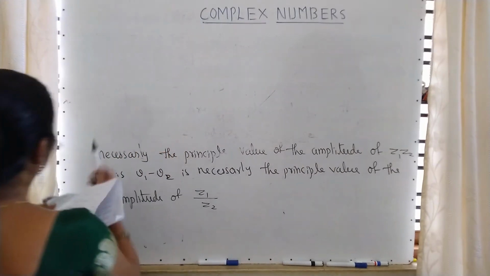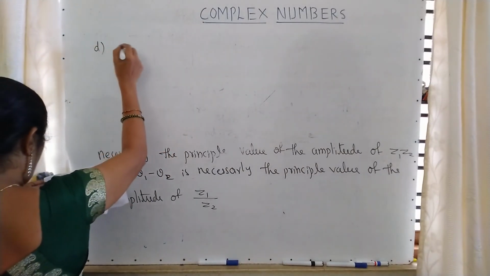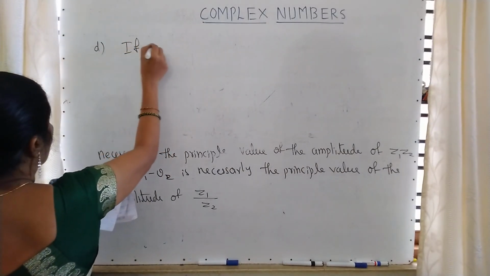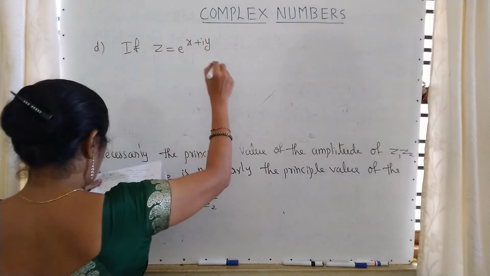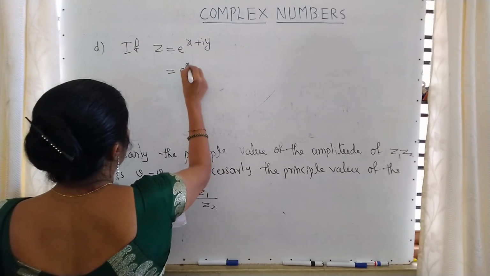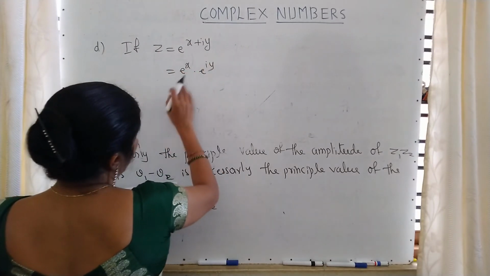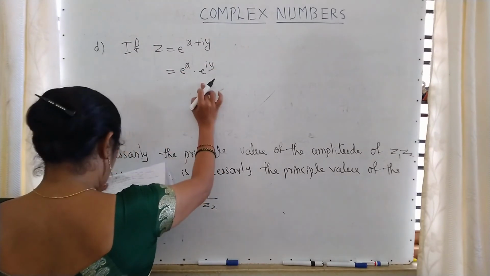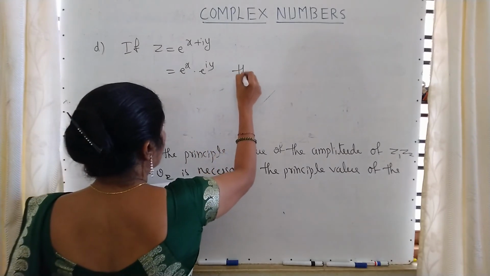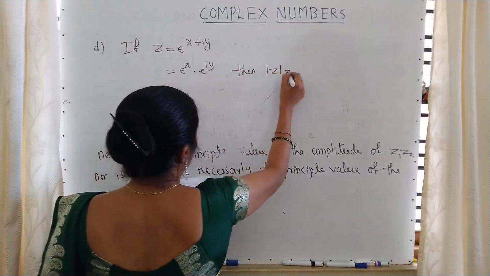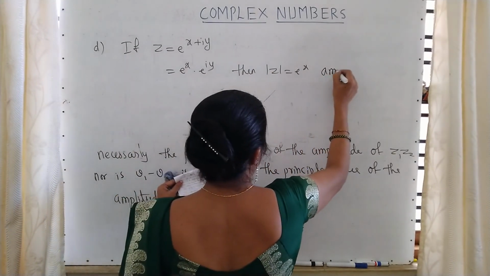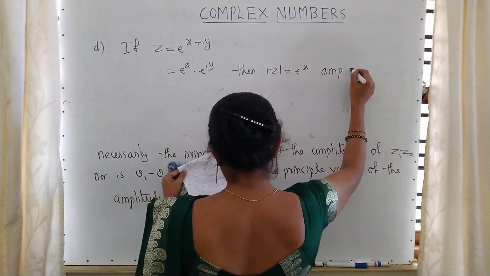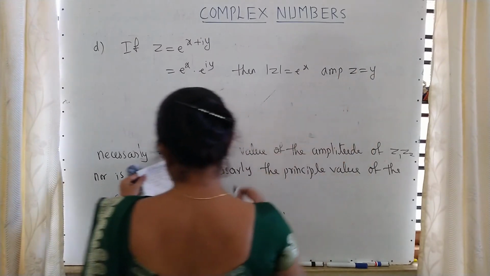Next, D. If z is equal to e raised to x plus iy, that means e raised to x into e raised to iy. Then modulus of z means e raised to x, and amplitude of z is y.